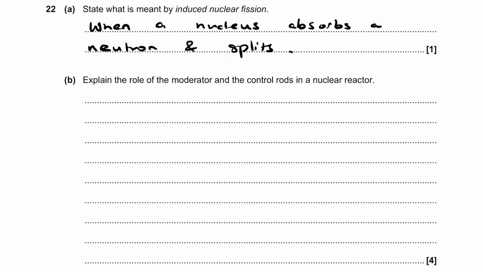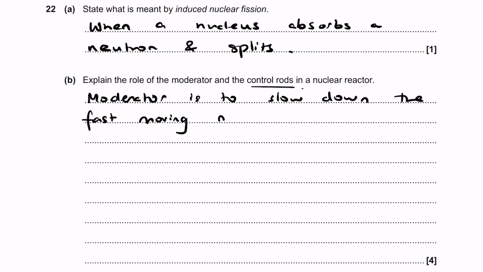Part B says, explain the role of the moderator and control rods in the nuclear reactor. Okay, so the moderator, as we know, is there to slow down the fast-moving neutrons released per fission, so that we are able to carry out further induced fissions.